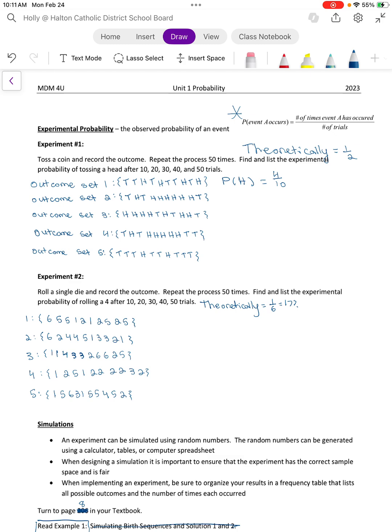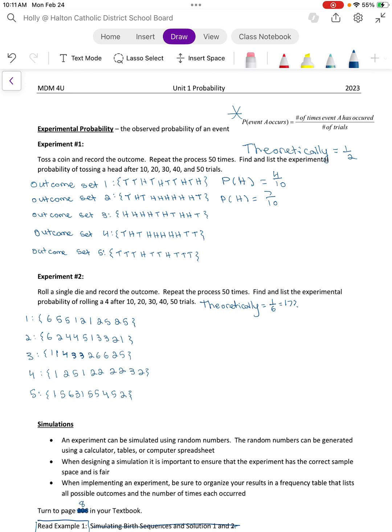If I look at set 2, set 2 has a probability of 1, 2, 3, 4, 5, 6, 7. So 7 out of 10. So you can see the difference there. One is about a 40% chance, one is a 70% chance. So if you look at them individually, you are not close to the theoretical probability of 1/2 or 50%.